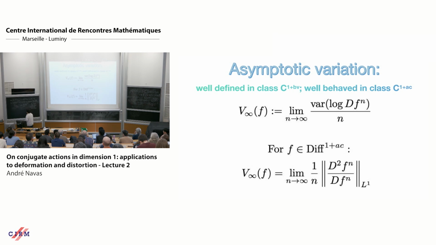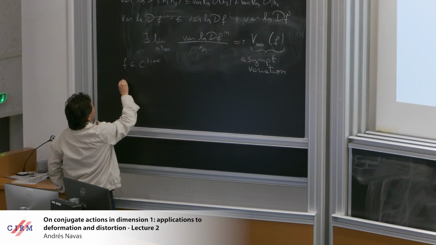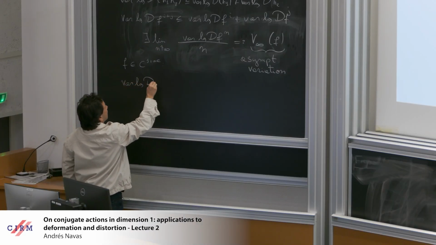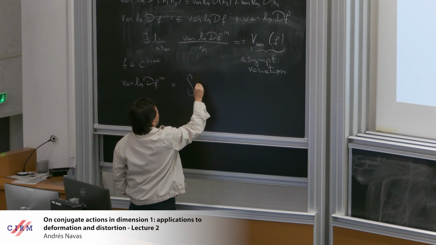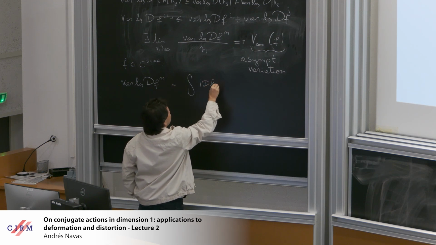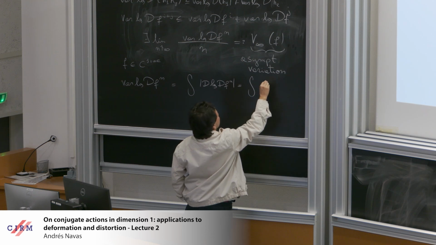Okay, and let me just remember that for the case of a map which is of class C1 plus absolutely continuous, you can compute the variation of the logarithm of the derivative as the integral of the absolute value of the derivative of this, which is nothing but the affine derivative.